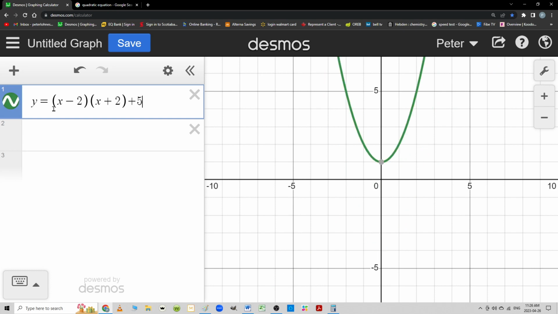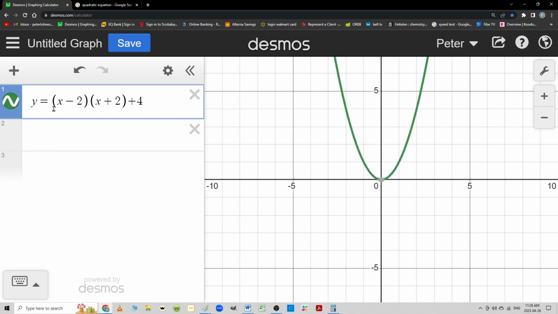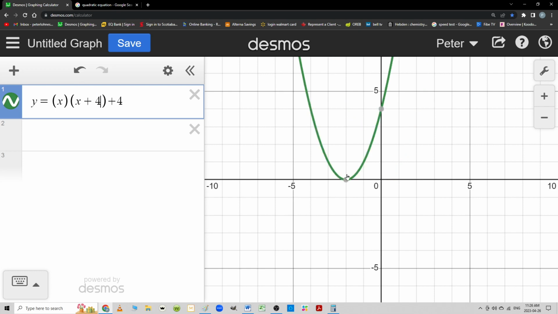Like that. There we go. Notice that this touches the x-axis just at one point. Let's see if we can make this a little bit more smooth like that. There we go. That's a better one.